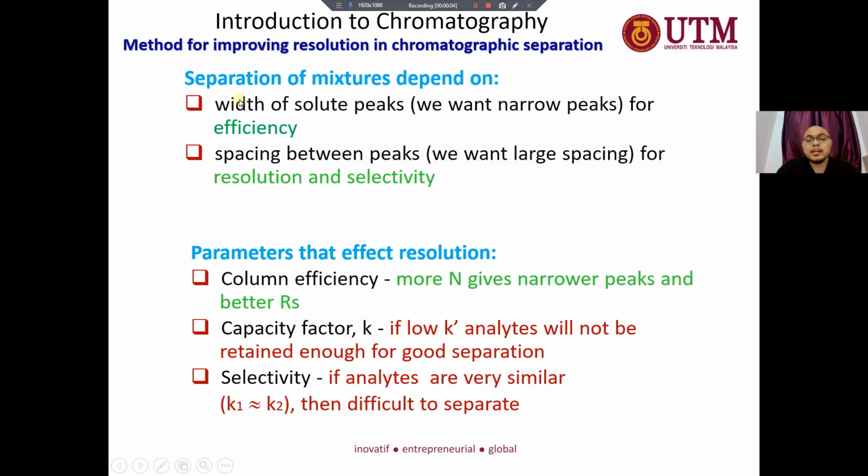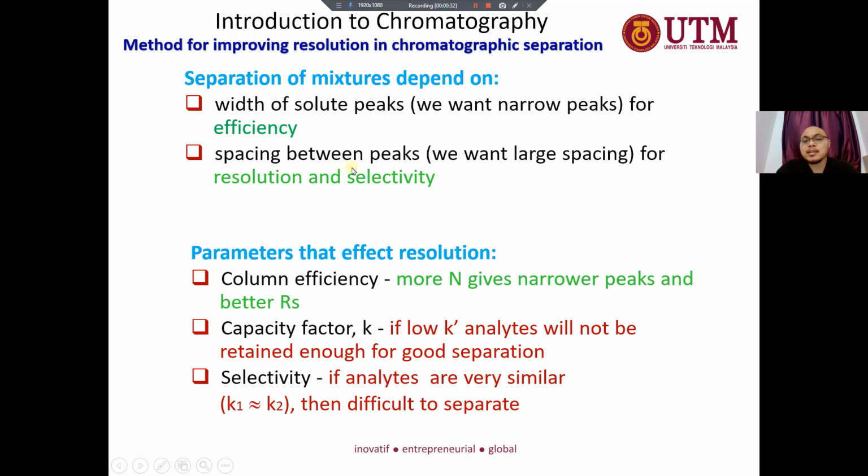So in the next slide, the separation of mixtures depends on the width of the peaks. We want narrow peaks for better efficiency, and the spacing between peaks, or the baseline, must be larger for better resolution and selectivity. Again, high efficiency is where we get narrow peaks.